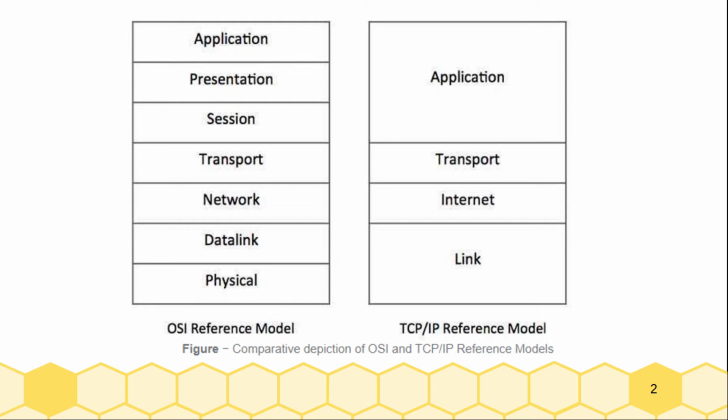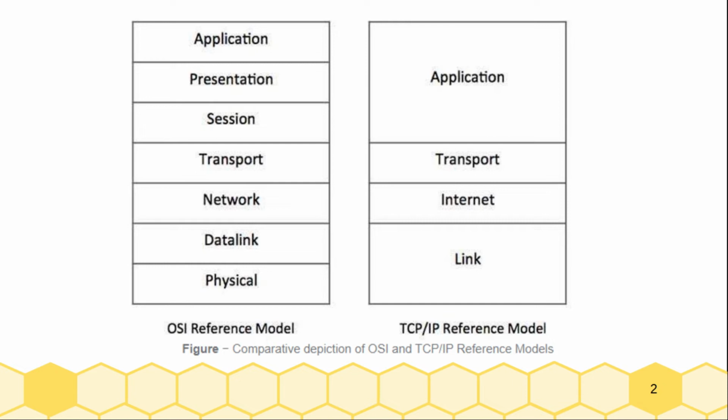Then we can see the transport layer, and the network layer of the OSI model goes by the name of internet layer in the TCP/IP reference model. The lowermost layer is called the link layer. The link layer does the functions of the data link layer and the physical layer.